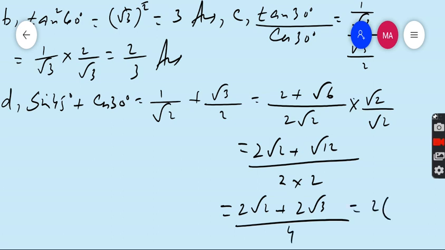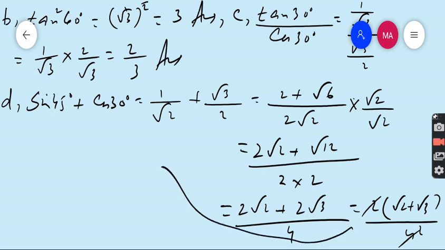Take 2 common, root 2 plus root 3 upon 4. The final answer is root 2 plus root 3 upon 2. This is the answer of part D. Hope you understand. Come to part E.